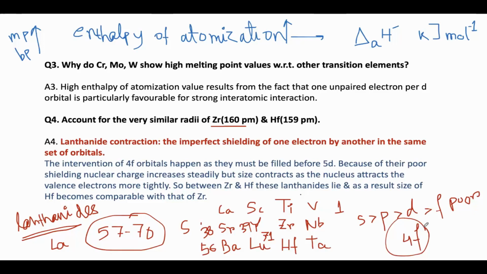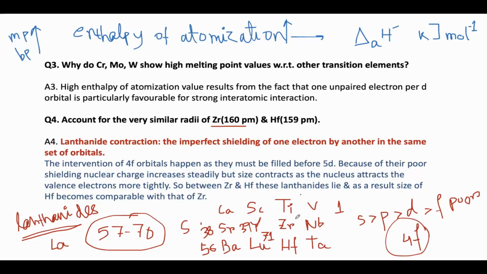So from zirconium to hafnium, the size should have been greater. But since between barium and hafnium this lanthanide contraction takes place, it is popularly termed the lanthanide contraction. Since this contraction takes place, the sizes become lesser and lesser. That's why in the case of hafnium the increment will not be that much.